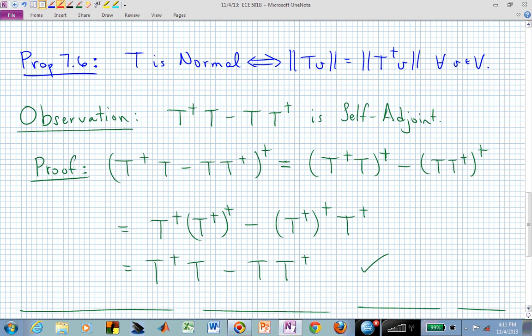Is that what we had? Yes. And now we simply remember that the adjoint of an adjoint, we're back to the original map. And we end up then with T dagger times the original map T, and that's what we were hoping to get for our first term, minus T times T dagger. And so yes, that combination, creating a new map, is self-adjoint.